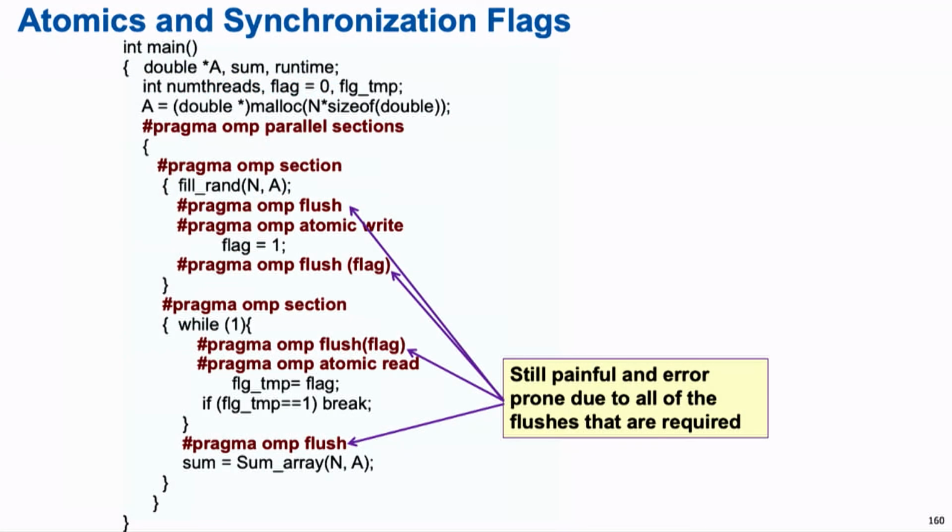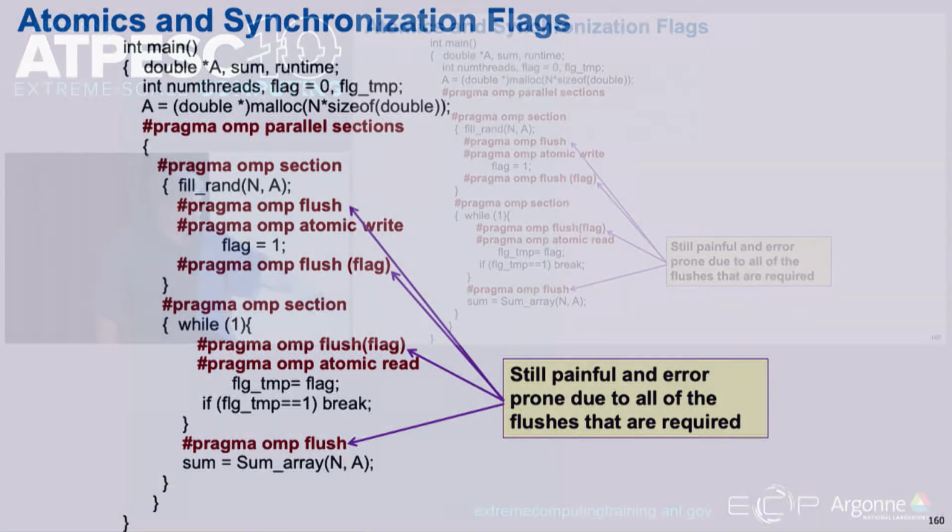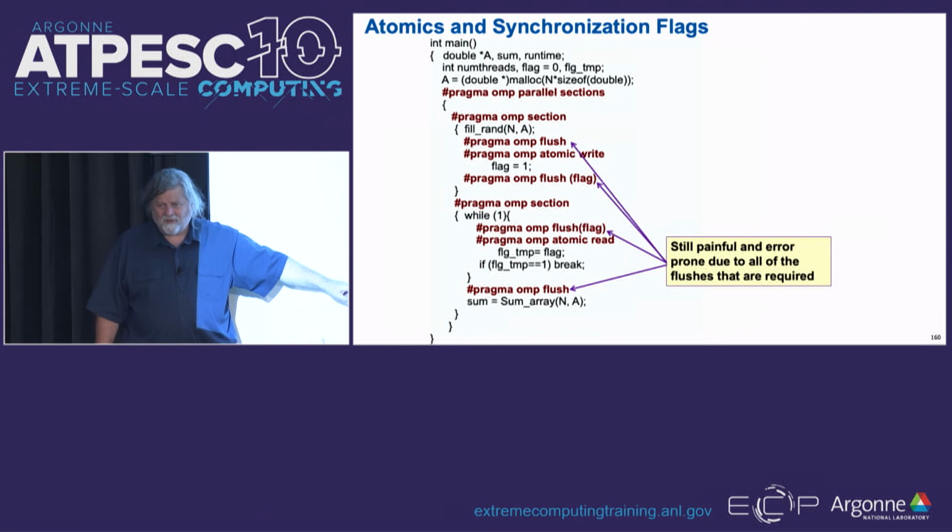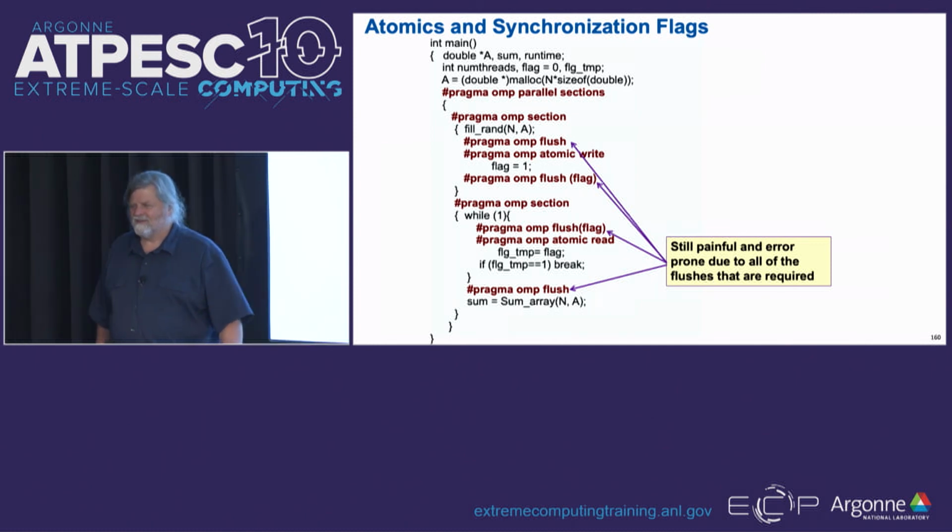So I have to put within the while loop, reflush the flag, and then do an atomic read to match with that atomic write up above. And then when it's done, and I really do get that it's changed, then I do a final flush to really make sure that this sum is not moved up, and then I'm going to get the final value.